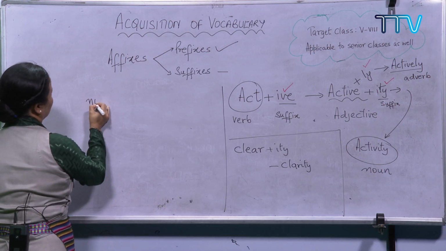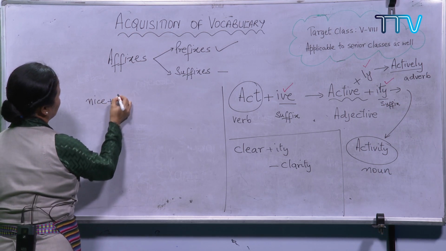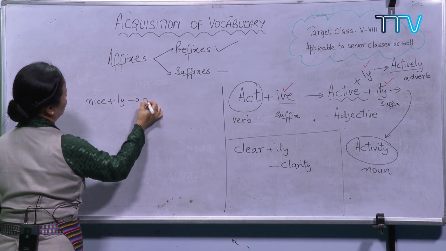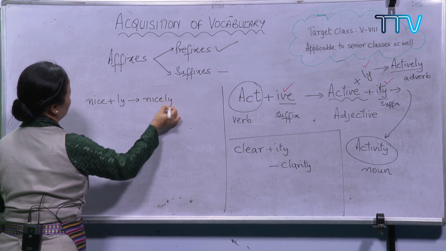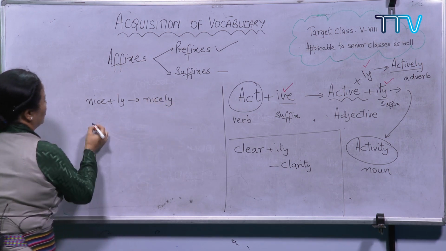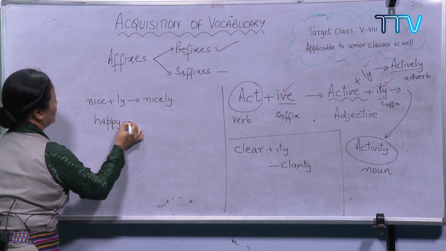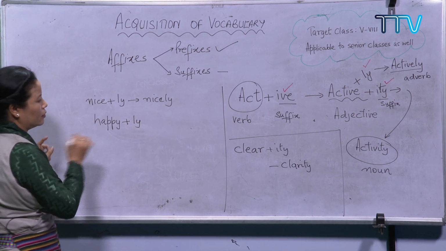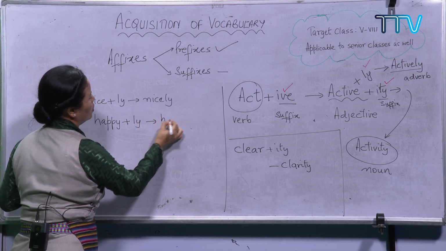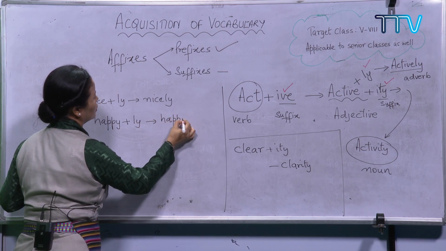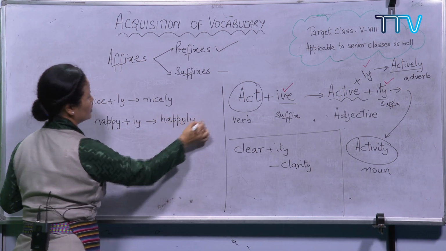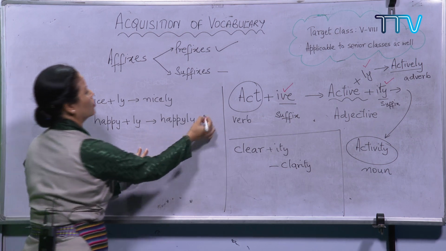See, nice plus LY, no problem, right? You can just write nicely. But the second word, happy plus LY, we cannot write it like this. This is wrong.